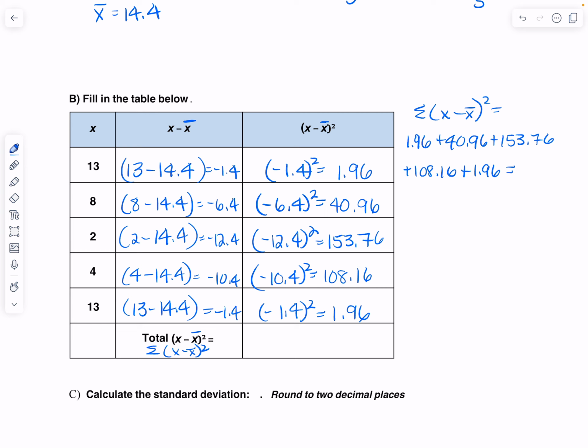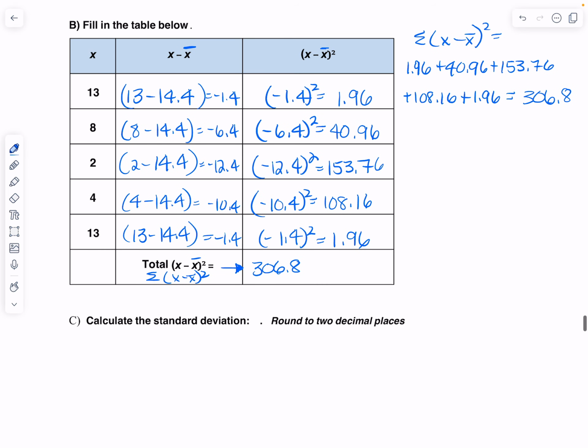And I'm double checking my numbers just to make sure I didn't make a mistake here. Okay, and what I get is 306.8. Now that's the sum of everything. So I'm going to put this down here. 306.8, because it says what's the total? This is the total.